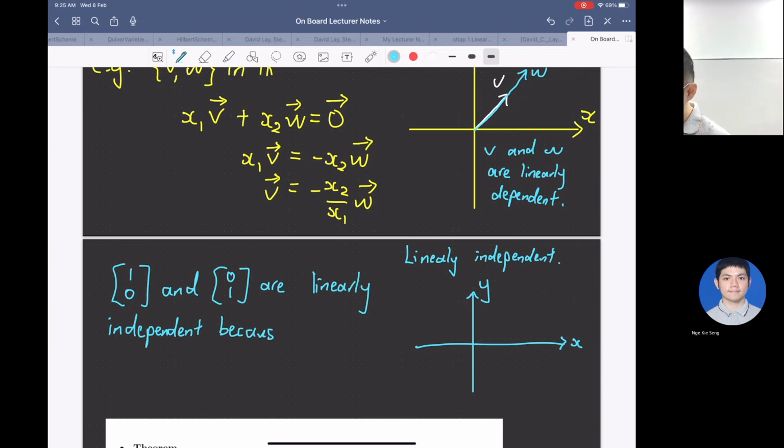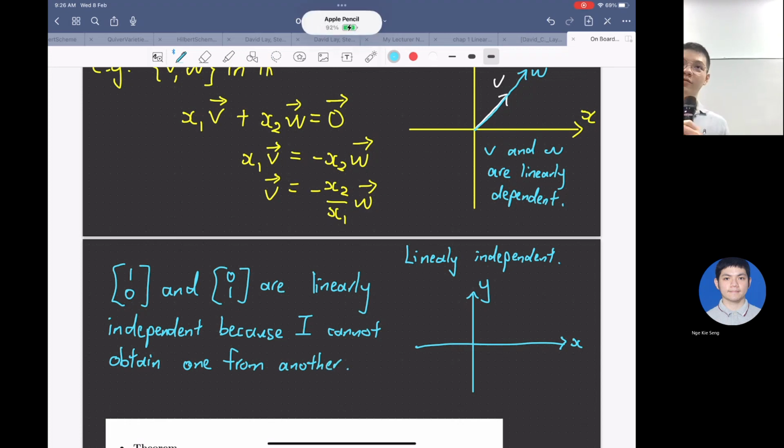because I cannot obtain one from another. So what does obtain mean? You can only do two things: vector addition and scalar multiplication. You cannot multiply one number on 1, 0 to get 0, 1.